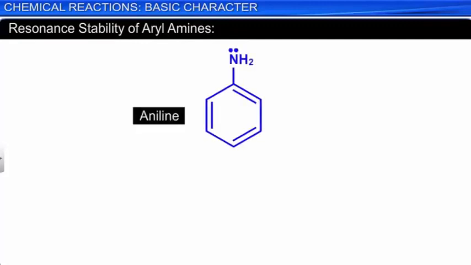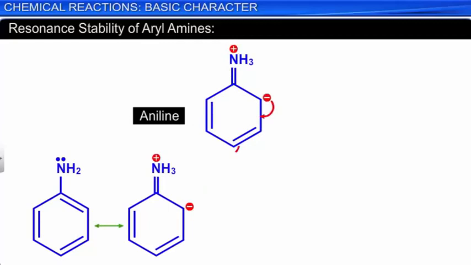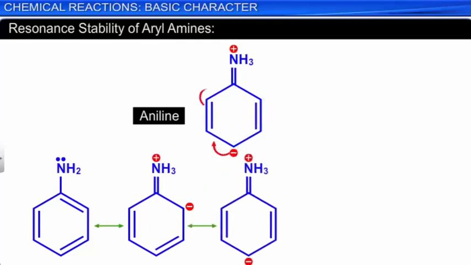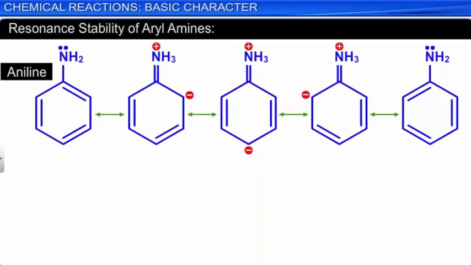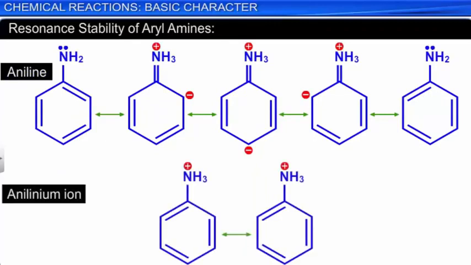The NH2 group in aniline or aryl amine is directly attached to an aromatic nucleus. As a result, a lone pair of electrons on the nitrogen atom is in conjugation with the aromatic ring, thus making it less available for protonation. On the other hand, the protonated aniline or anilinium ion obtained by accepting a proton can have fewer resonance structures than aniline.